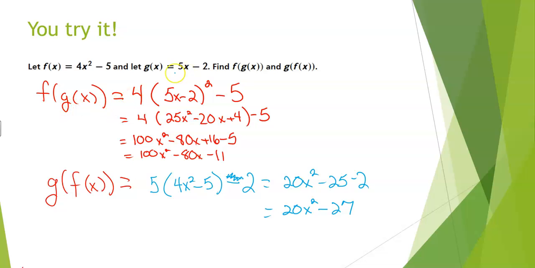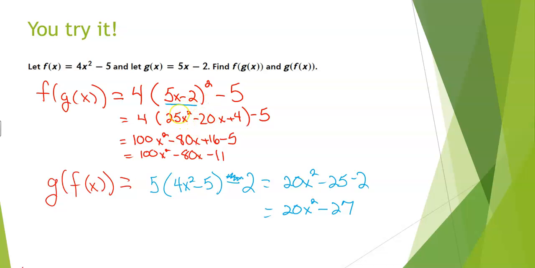So g of x is defined to be 5x minus 2. So now I'm using that instead of x here. So I have to remember I'm squaring that and then multiplying it times 4 and subtracting 5 from it. So this is the important part right here.